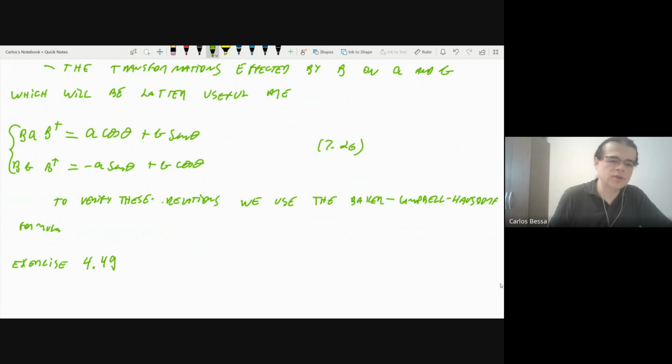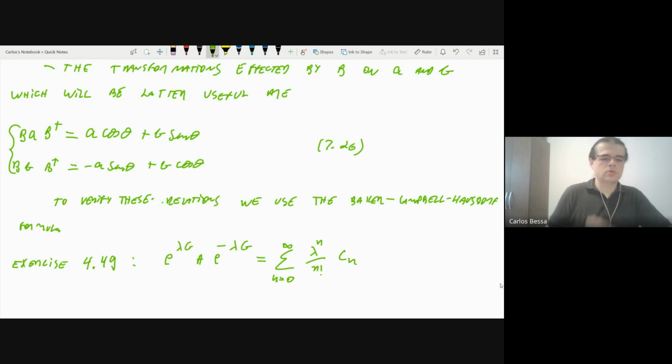They prove this: the exponential of lambda G, an exponential operator, is the sum from 0 to infinity of lambda to the n C_n.